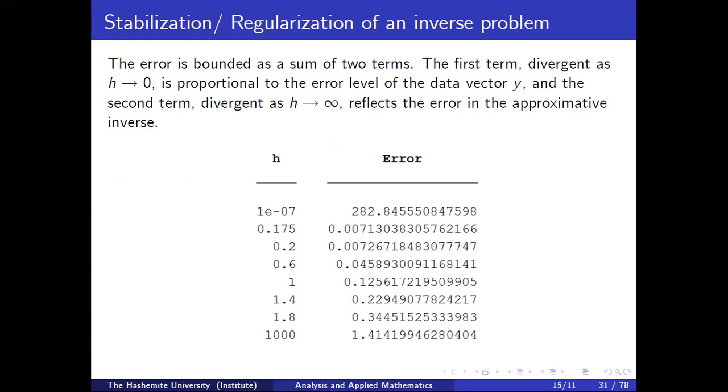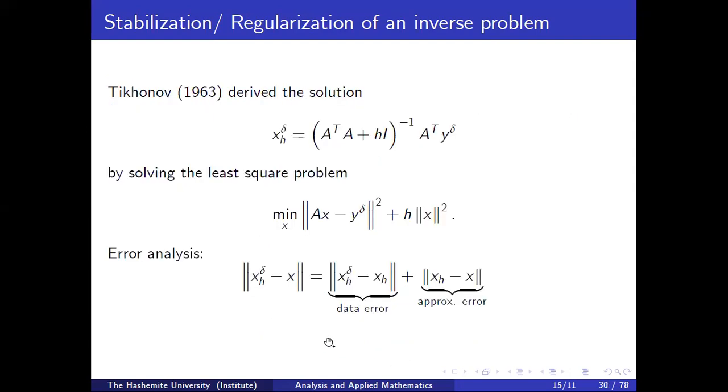If we analyze the error, it has two terms: data error and approximation error. If H is small, the approximation error gets small, but the data error will be huge. If we have a large value of H, we get a small data error, but the solution will be away from the exact solution.